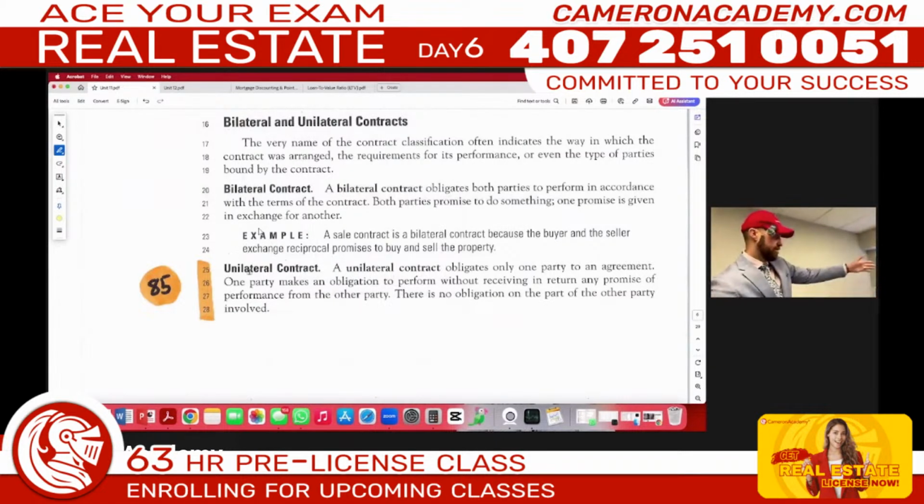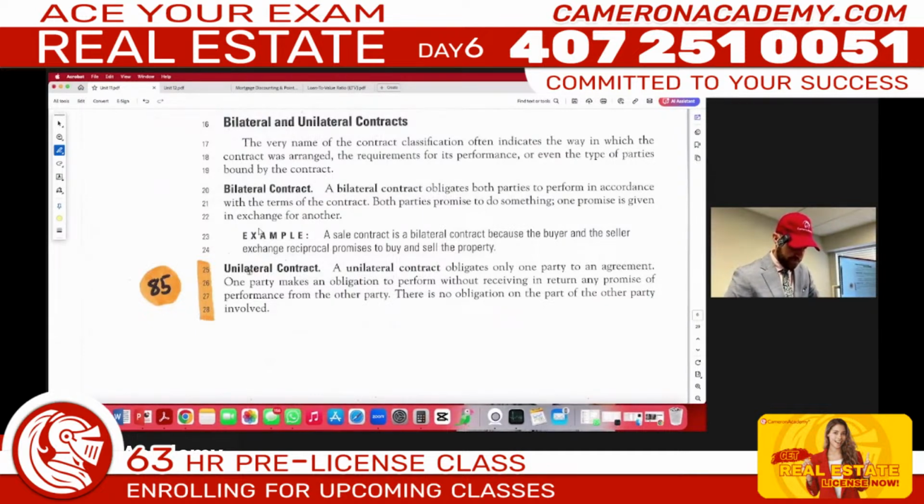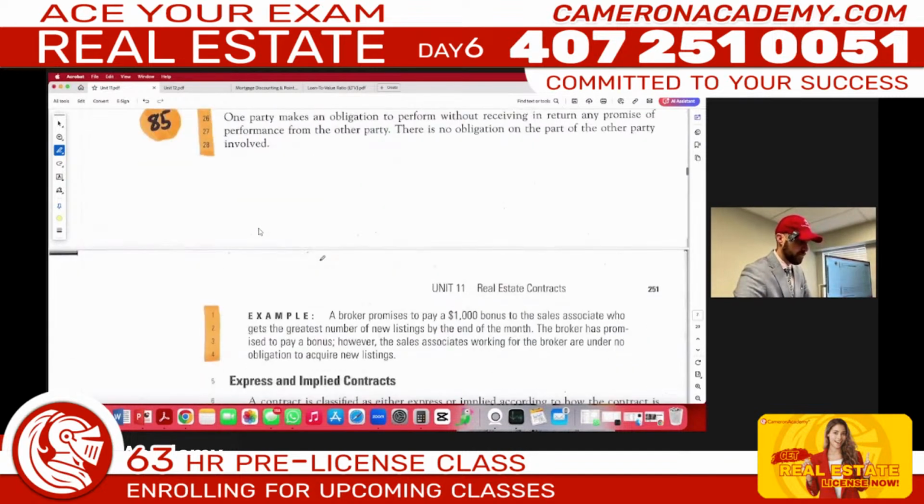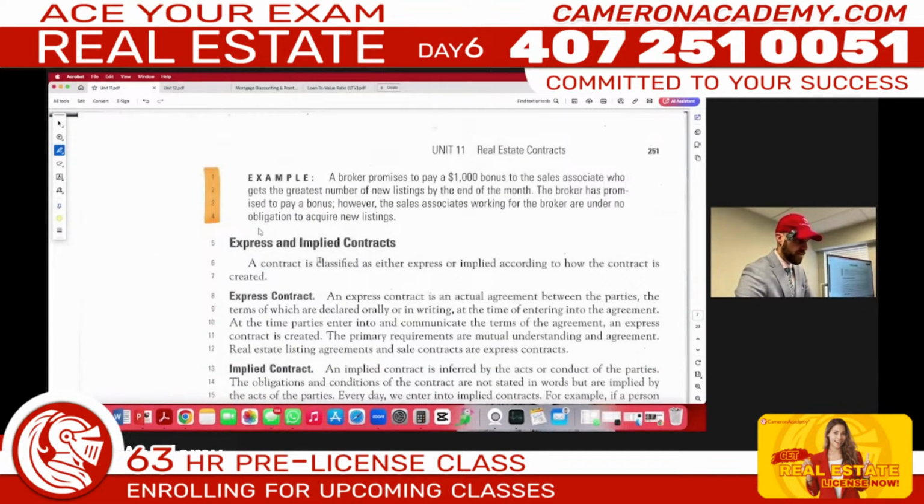I'll come back to this, just highlight it for now. Okay, actually it continues on to the next page. Gives you an exact example you might see.